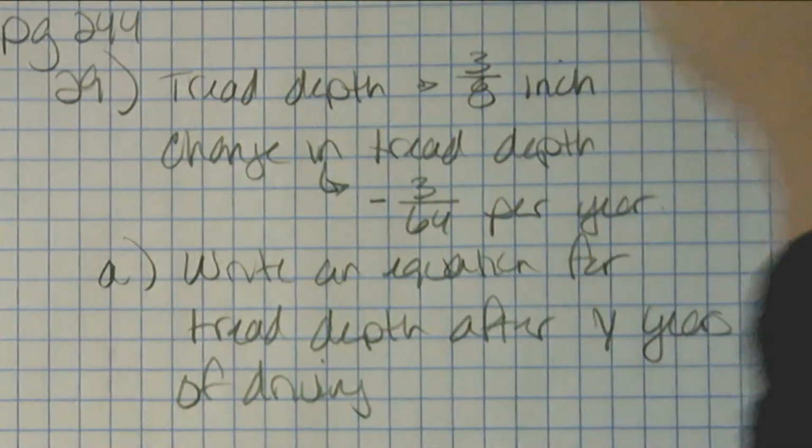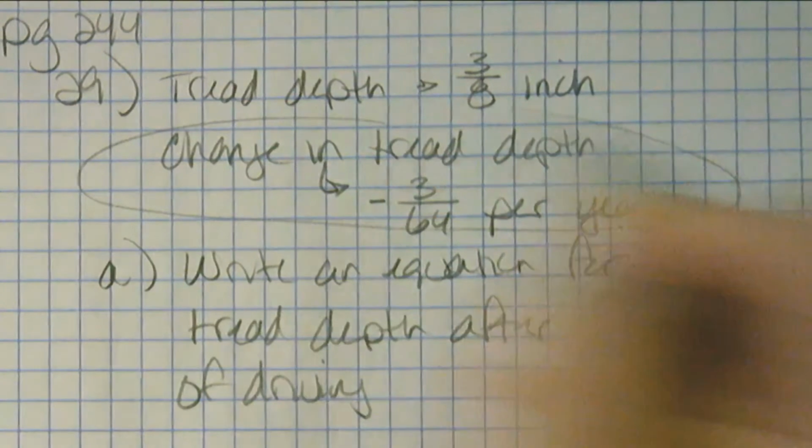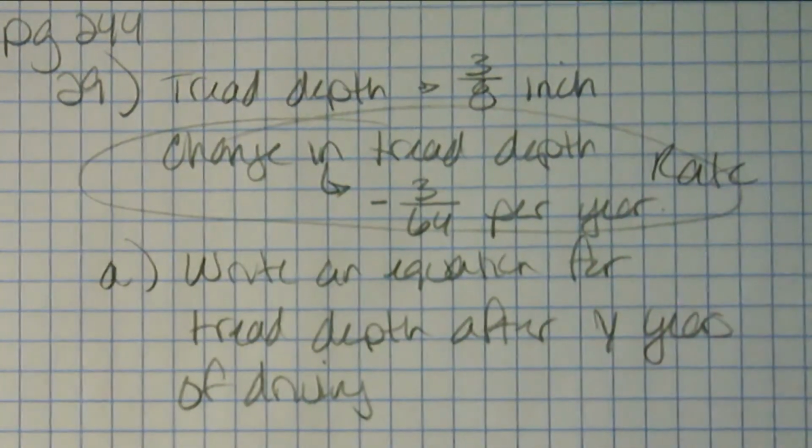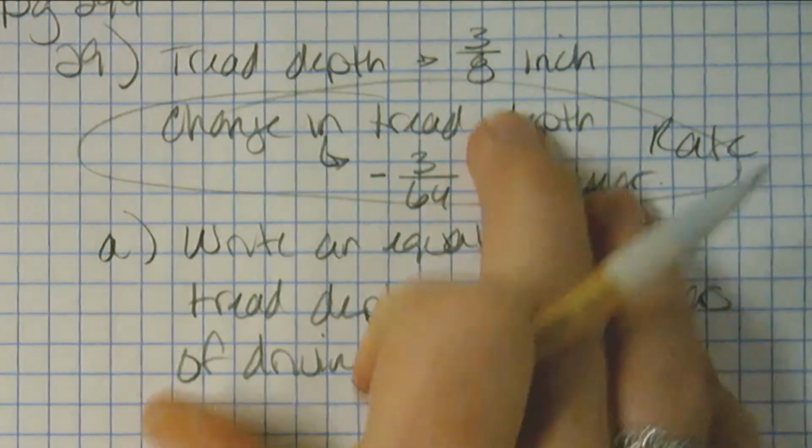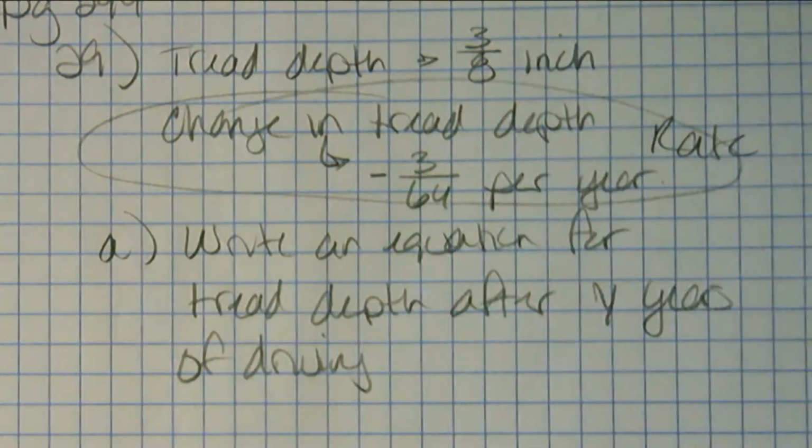Okay, so this change is a rate. It's -3/64 per year. This tread depth is where we start at, at the beginning.